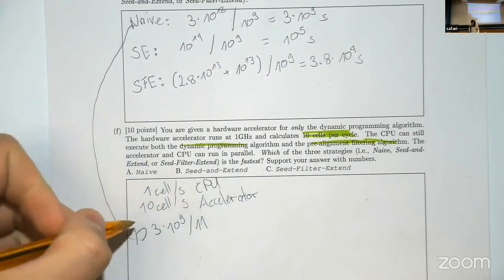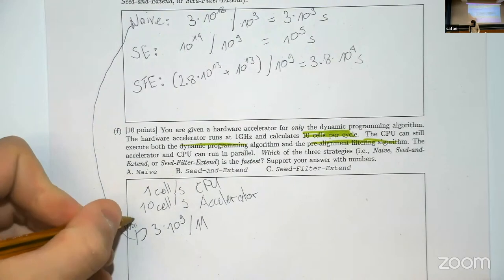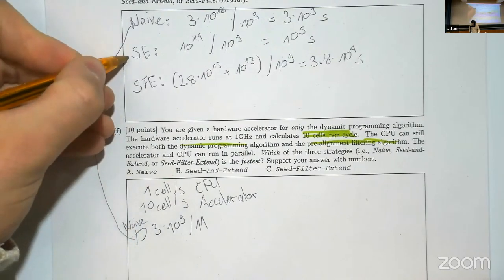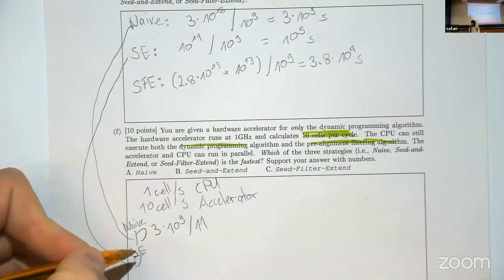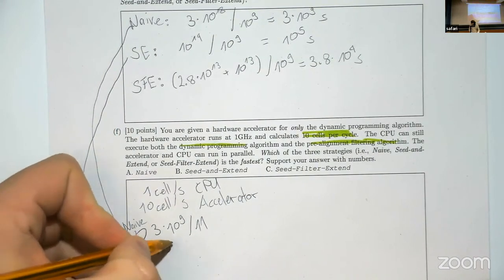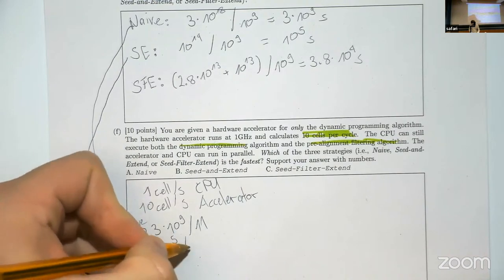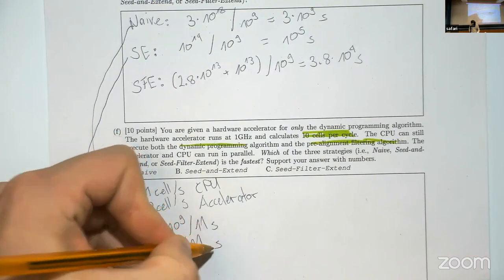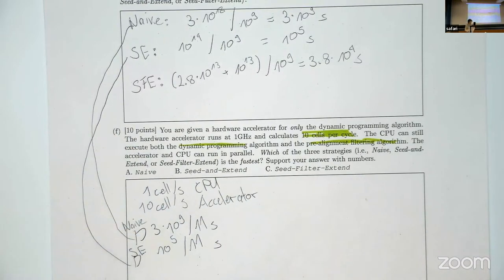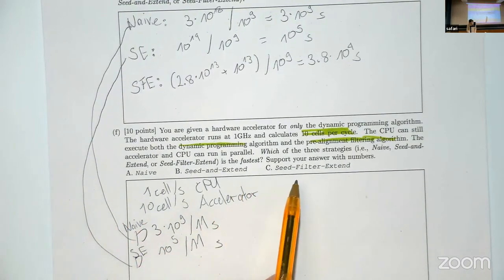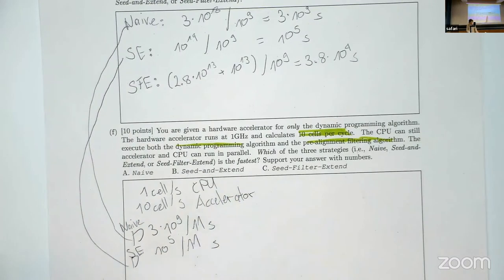Okay, that's for naive. And seed and extend also just gets accelerated, so 10 to the 5 divided by 11. So clearly, naive will never be quickest. Definitely seed and extend is faster because it's simply less work done with equal throughput. And the question now is, which is faster, seed and extend or seed filter extend?